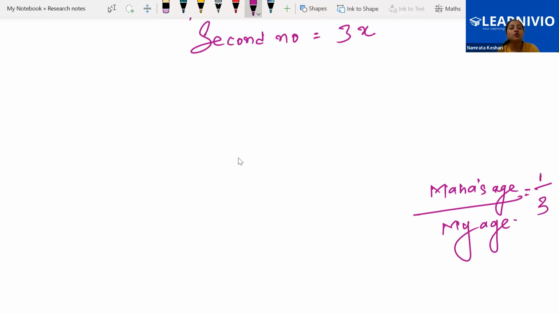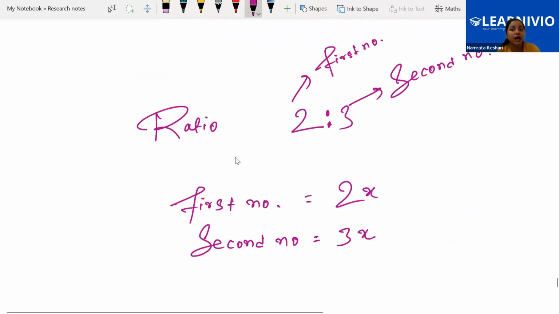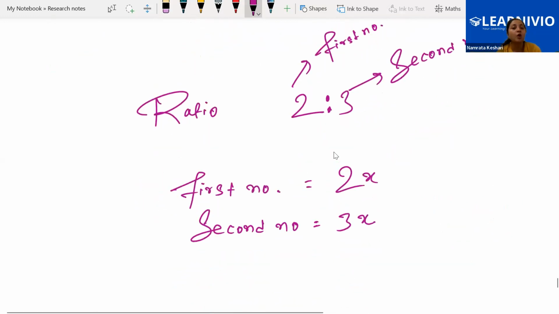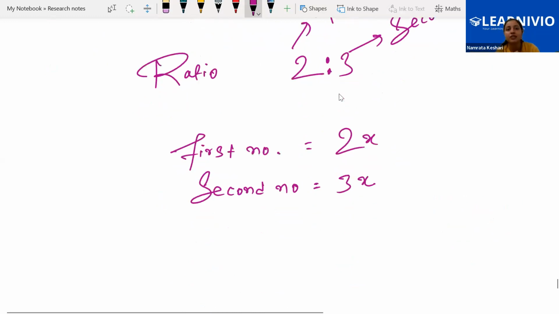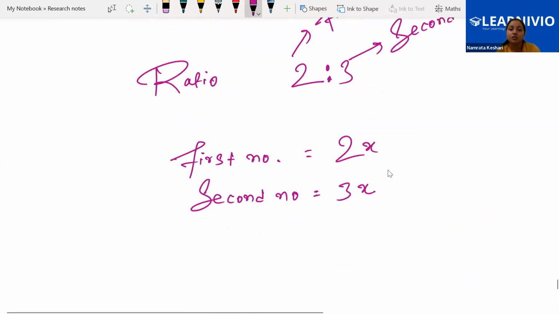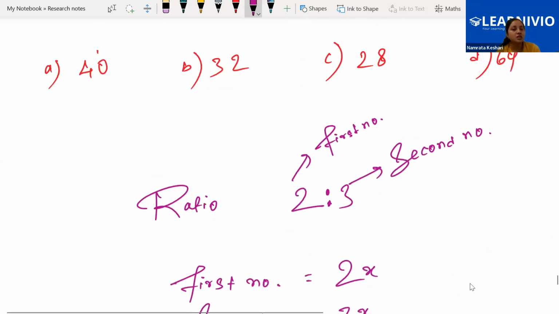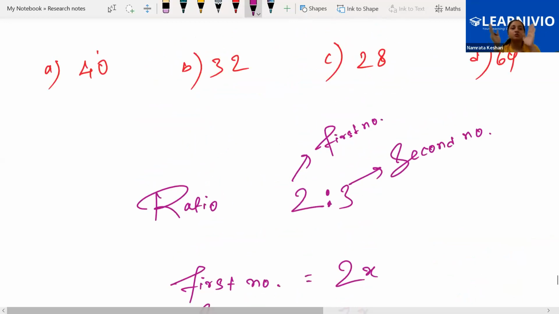So when we have a ratio, the first term represents the first number and the second term represents the second number, but without taking a common variable like x and x with both of them, or y and y, we cannot separate the ratio. I cannot say that her age is 1 and my age is 3 years old. That is incorrect. This is just the comparison between two terms.